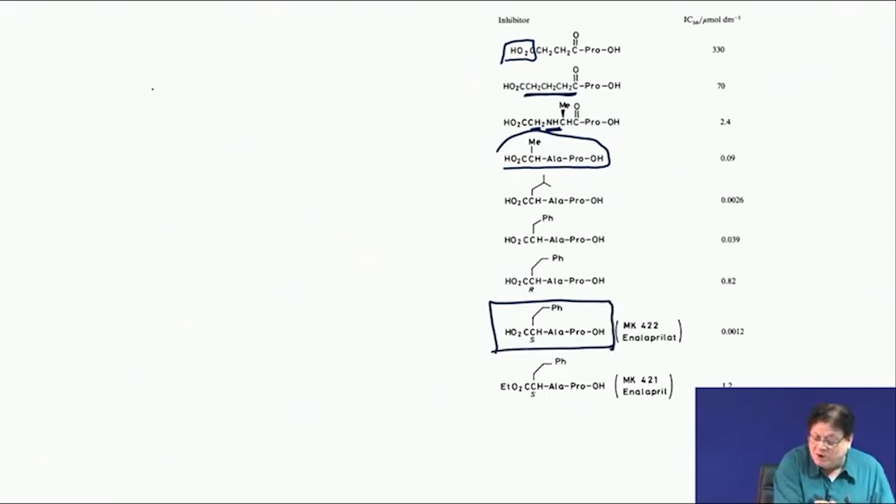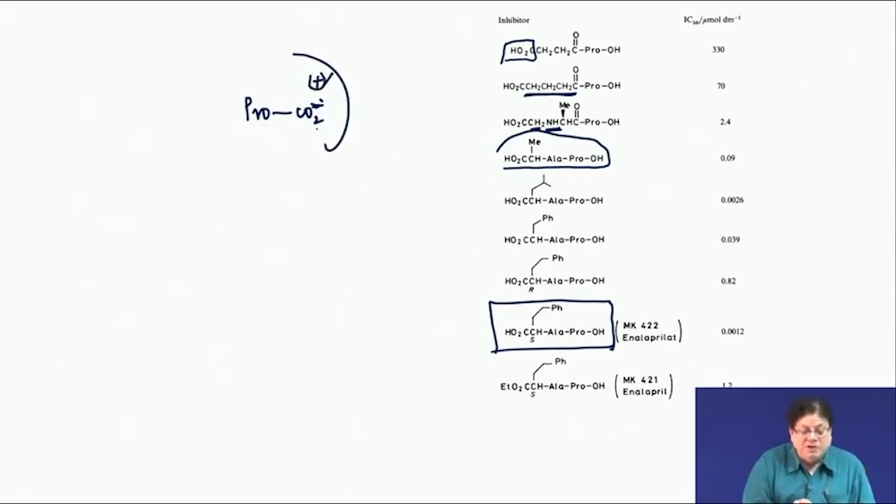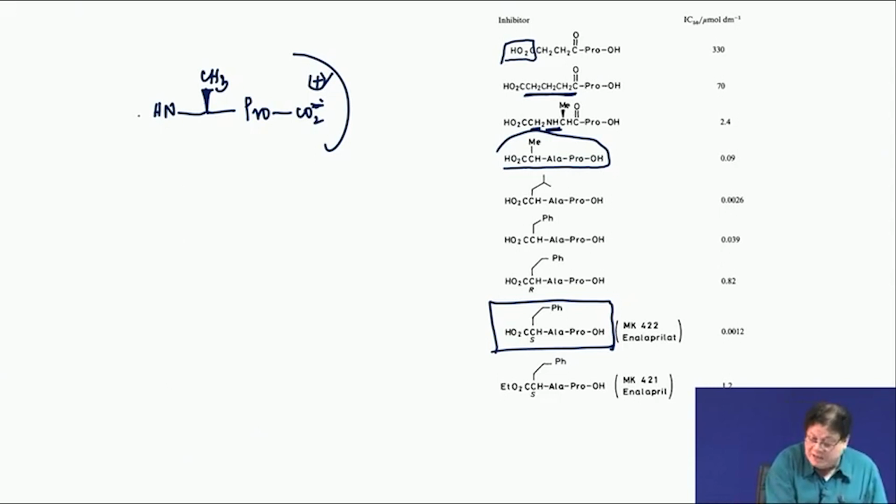Now, I write this compound. See, what is that? You have a proline. If you have a proline, that means this CO2 minus. Of course, proline is obligatory, because you have to have this electrostatic interaction. Then they didn't change the alanine, methyl, NH, up to NH is alanine.